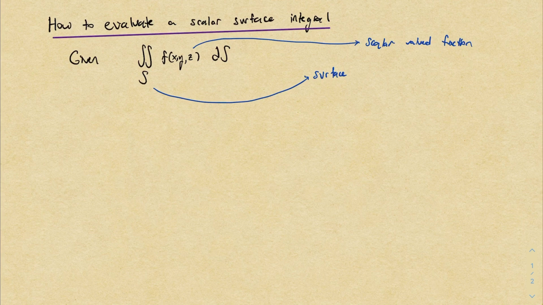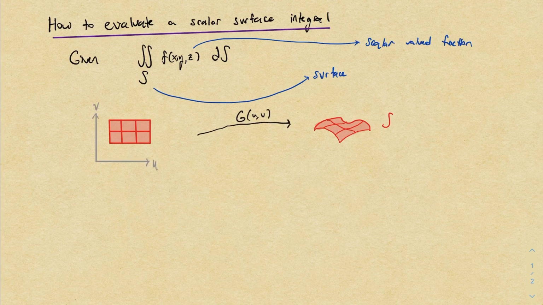The game plan here is the same as with line integrals in the sense that we have a curvy object that we're trying to do calculus on, and that's hard. We don't know how to do that. But we do know how to do calculus on flat things. So what we want to do is find a function from the flat world, which usually we'll use u and v to denote the flat two-dimensional world.